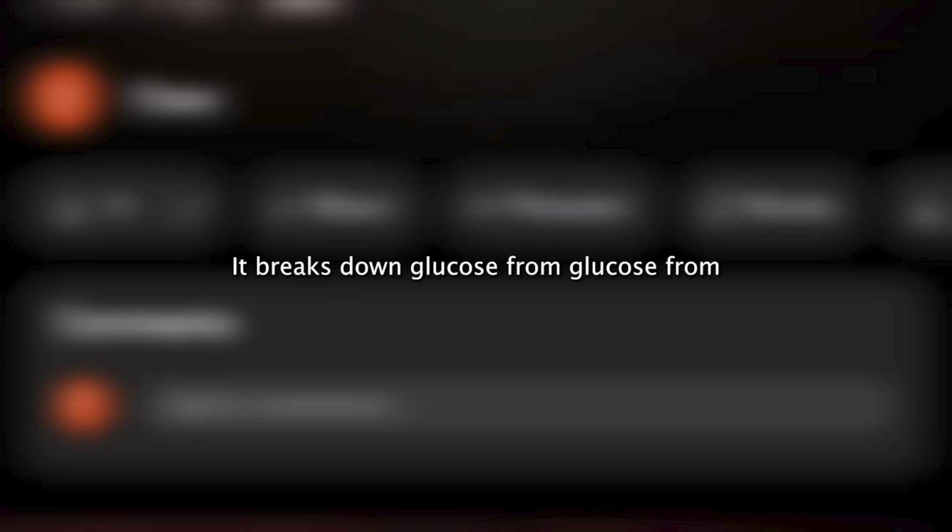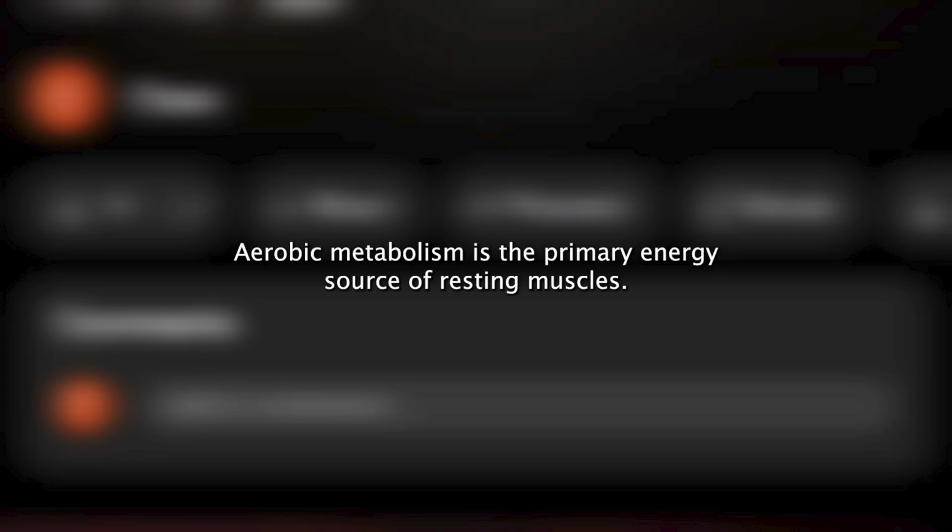Glycolysis is an important energy source for peak muscular activity. It breaks down glucose from glycogen stored in skeletal muscle, and it produces 2 ATP per molecule of glucose. Aerobic metabolism is the primary energy source of resting muscles. It breaks down fatty acids and glucose metabolites called pyruvate.